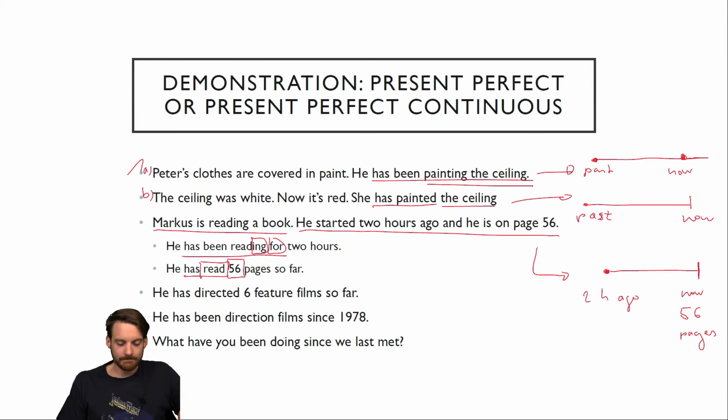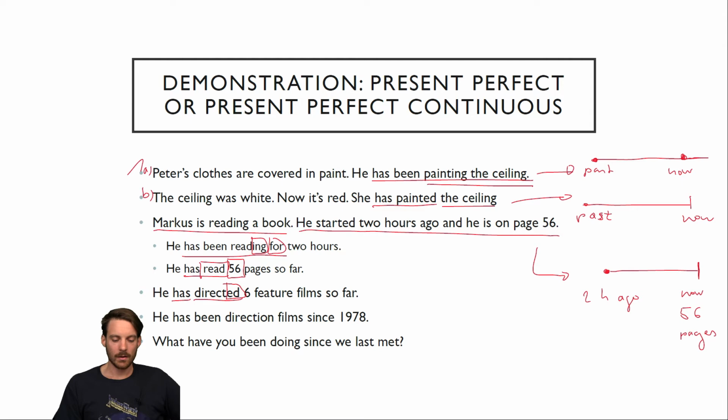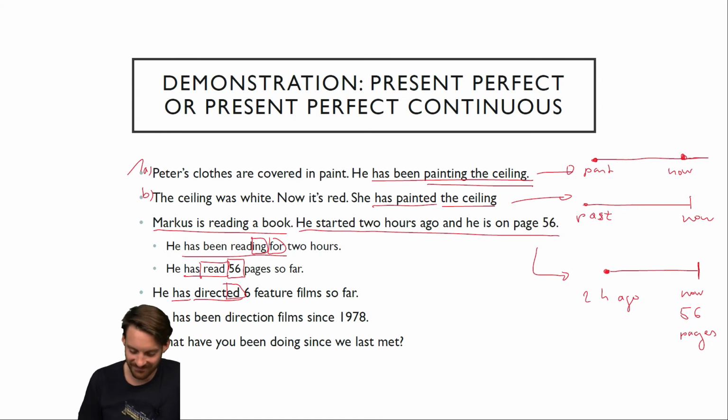And of course, this goes with the next example. He has directed 6 feature films so far. The number of films he has directed, very clear cut, I think, has directed. And directing.